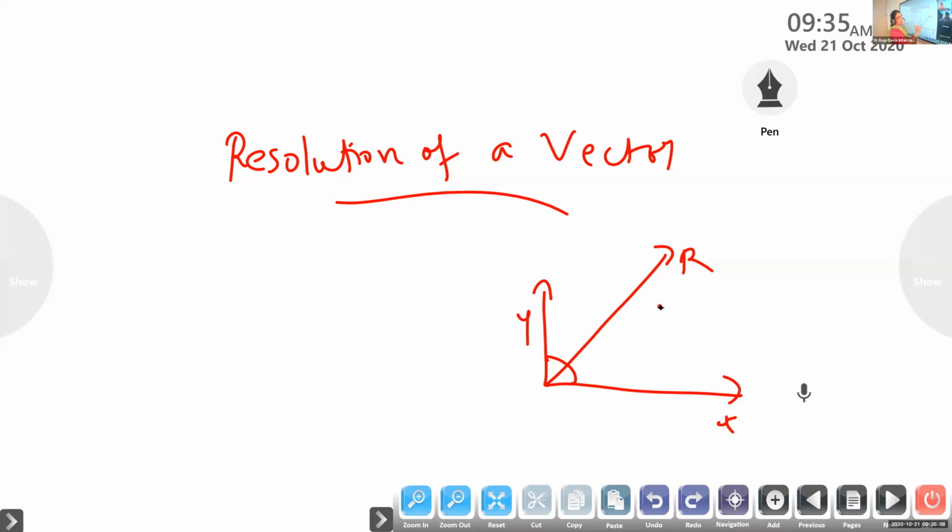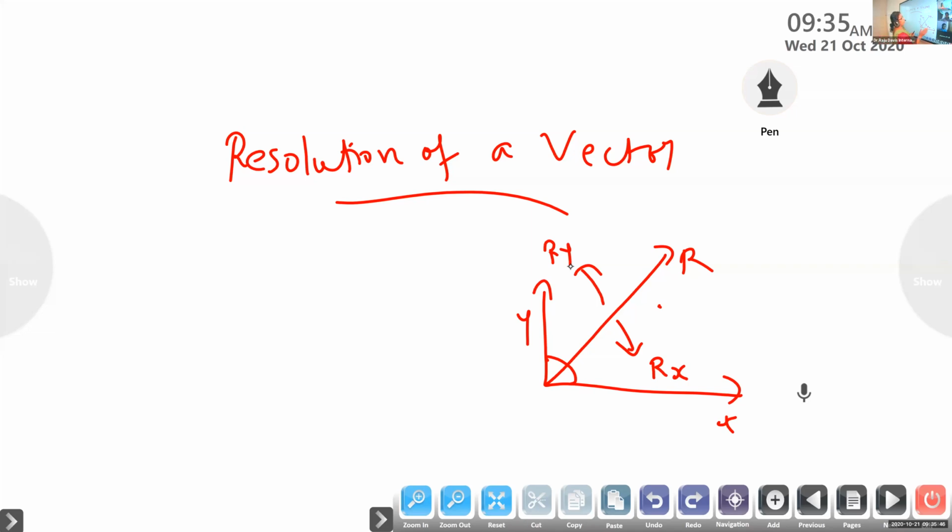Suppose a vector lies in the xy plane, because it is between the y-axis and x-axis. In this case, we have to find the value of the vector in the x-axis and in the y-axis. These are known as components. Usually we write the component of vector R in the x-axis as Rx, and the component in the y-axis as Ry.